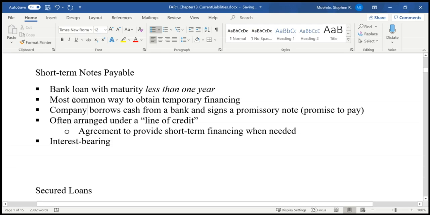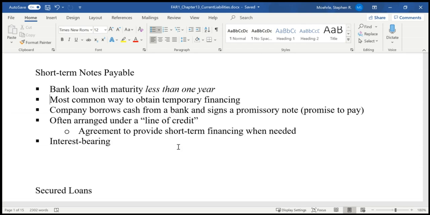So businesses, when they need some quick financing, call their bank partner. Most businesses have a banking relationship with a bank officer, and they obtain a short-term note payable. Under this transaction, the company borrows cash from the bank and signs a promissory note. That is a promise to pay.